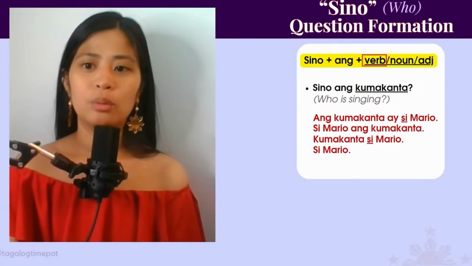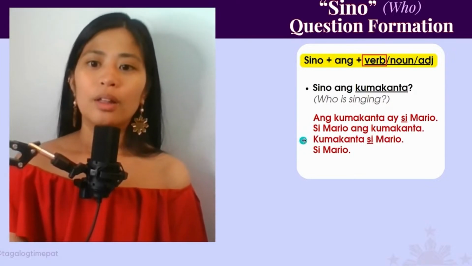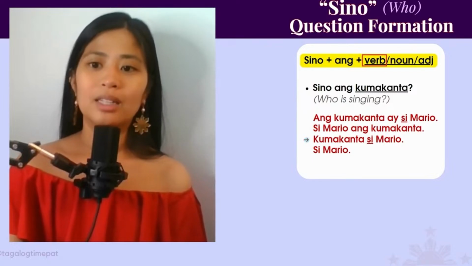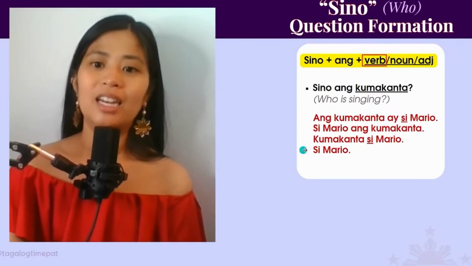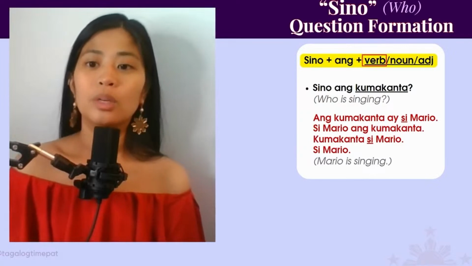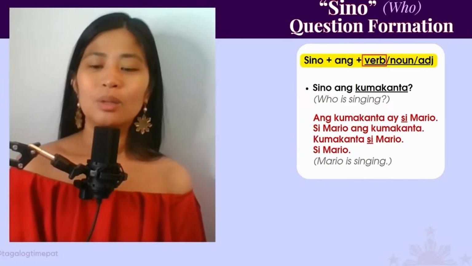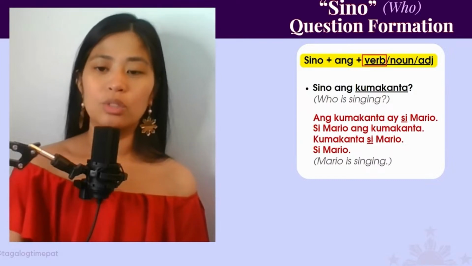Si Mario ang kumakanta. That's kind of formal. This one is casual. Kumakanta si Mario. Mario is singing. And then this last one is just a short answer. So, si Mario. Who is singing? Mario. So those are the different ways you can say Mario is singing. Those are the different responses.